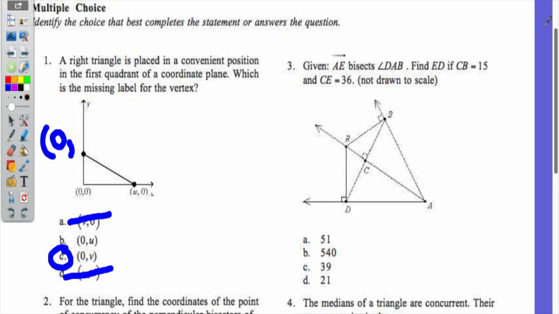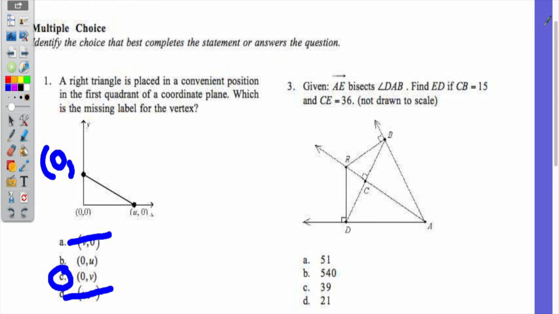Number 3. It's not drawn to scale. It's a little confusing because A to E is the bisector, but then they tell you that ED, this line here, sorry, C to E, is 36, and C to B is 15. So what looks to be longer is actually shorter.